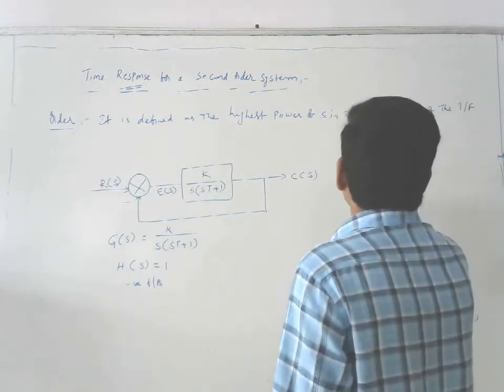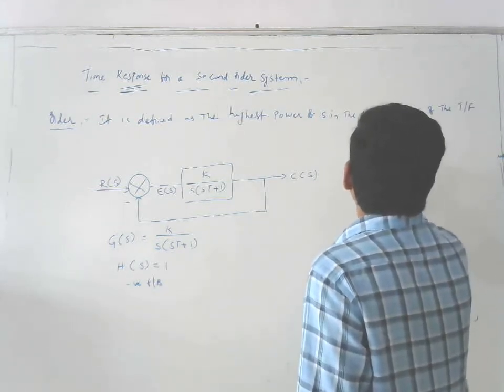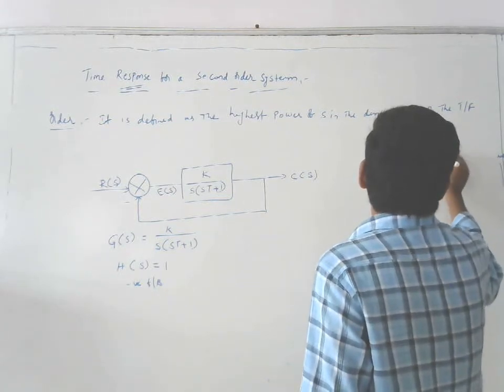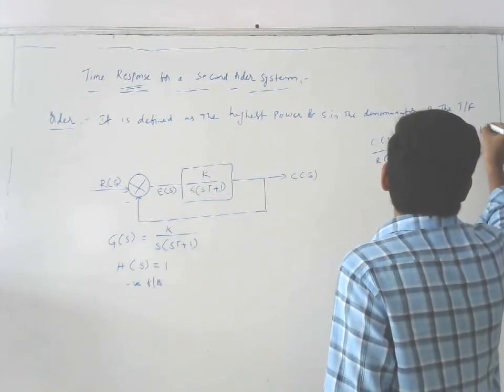You know that C of S by R of S is equal to G divided by 1 plus GH, if it is a negative feedback.